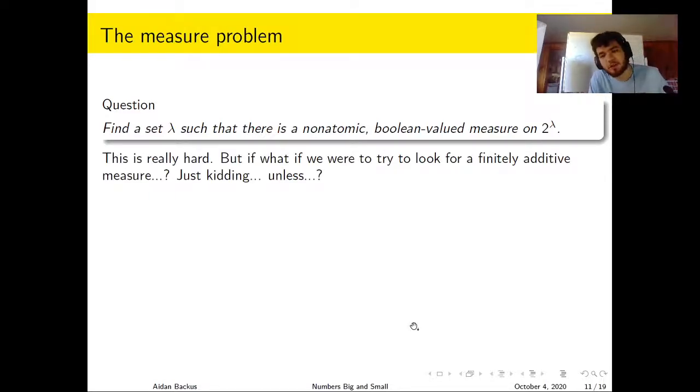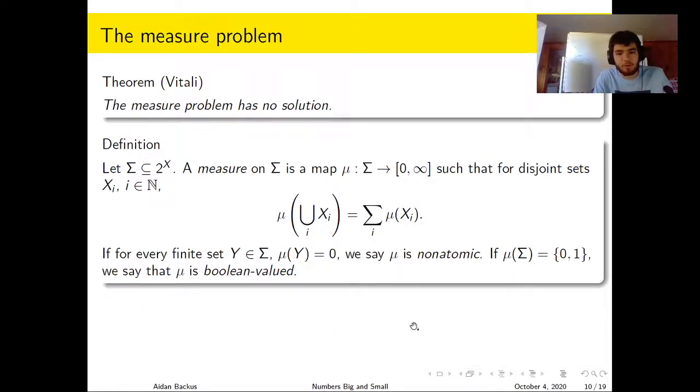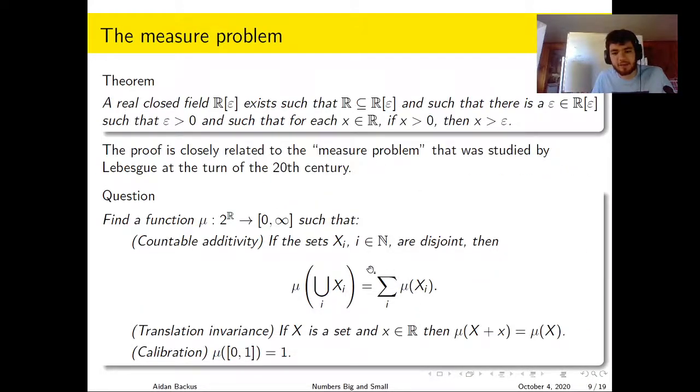But maybe we can look for a compromise, again, by saying maybe this condition, that when we took a sequence of sets x sub i indexed by the natural numbers, their union should commute with mu, maybe that was too much.